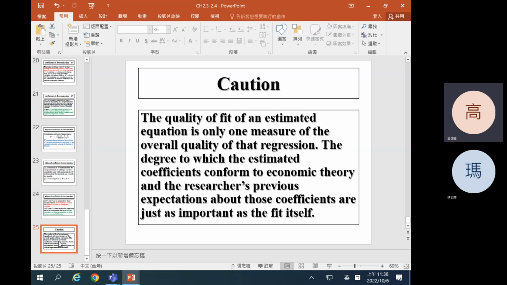The other is the degree to which the estimated coefficients conform to economic theory and the researcher's previous expectations. Those coefficients are just as important as the fit itself. I mean, your common sense, your experience, your theoretical foundation about the relationship between X and Y is equally important as using just one measure like R squared. This is what I'm trying to say.